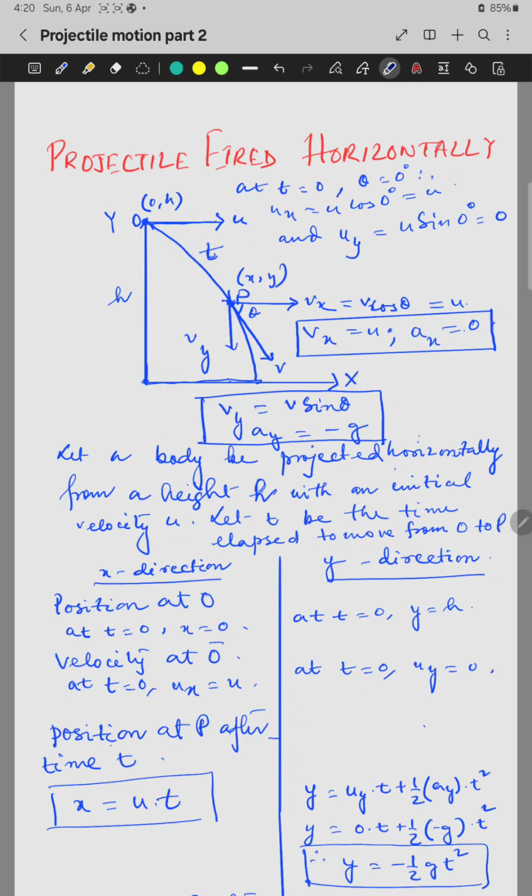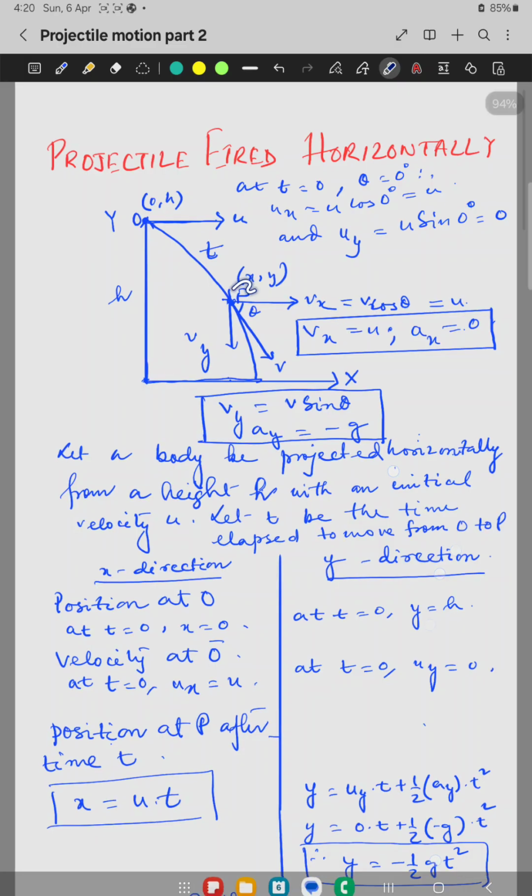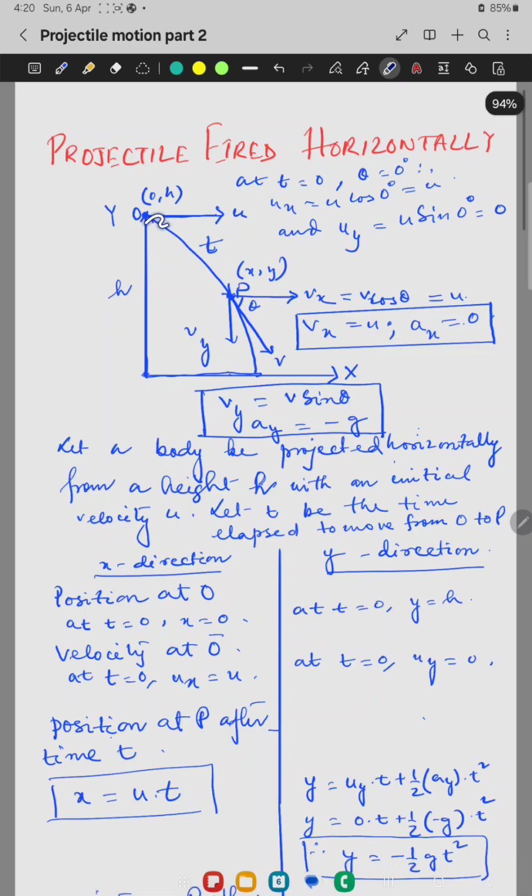So as the body descends, its motion has two simultaneous independent motion parameters.